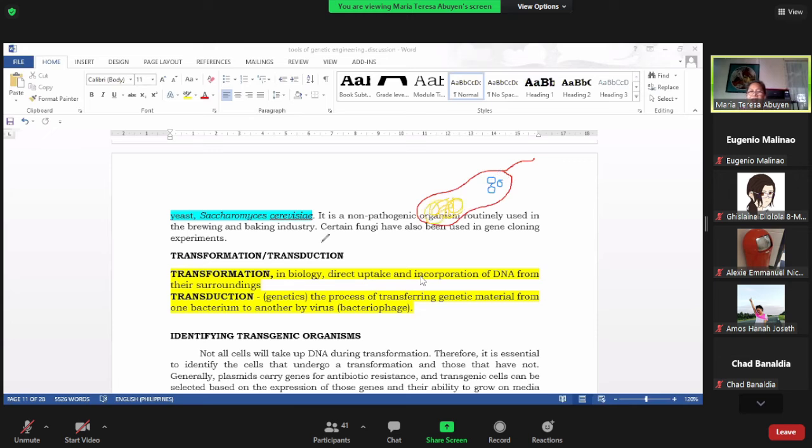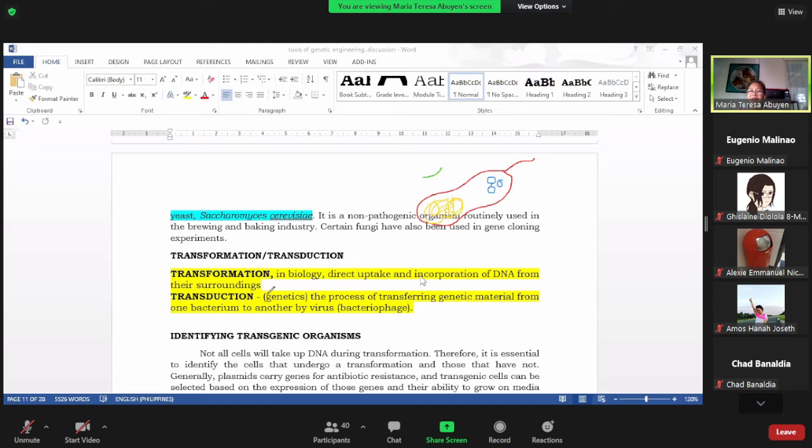Here are the plasmids. Here is the foreign gene. In transformation, there will be a direct uptake of this DNA into the cell, into the plasmid.